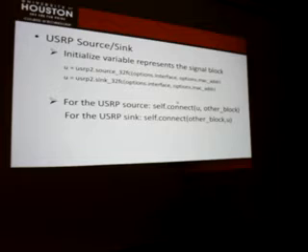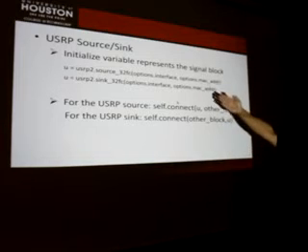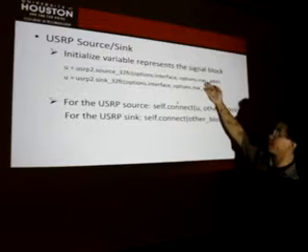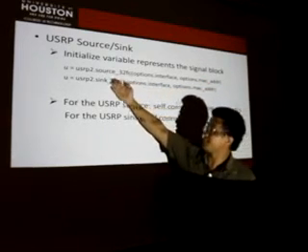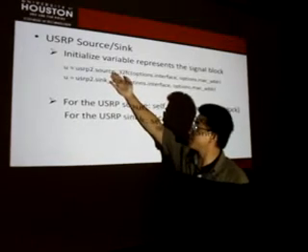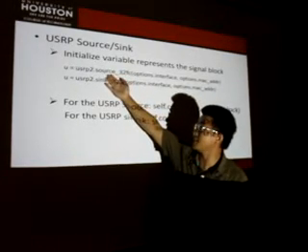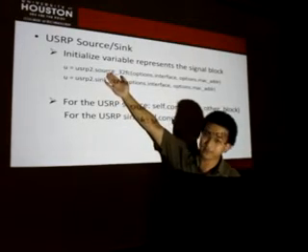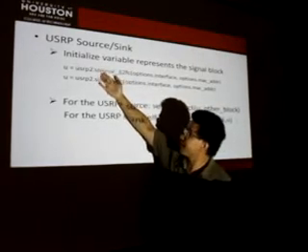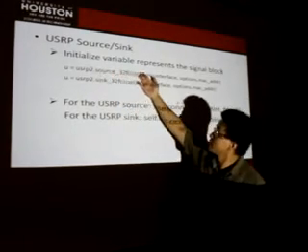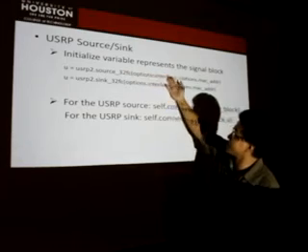So in order to use the USRP2 with GNU Radio, here's the code for that. This is a USRP. In this line, we want to use the USRP2 as the source. For example, we want to receive the Wi-Fi signal, then we will receive the Wi-Fi signal from the USRP2 and send it to GNU Radio to process.